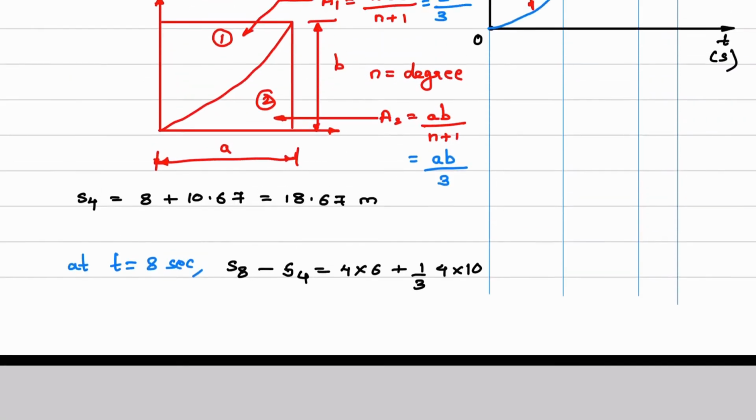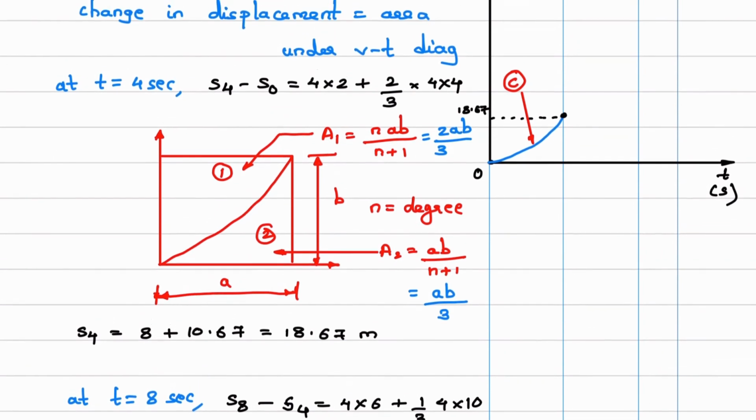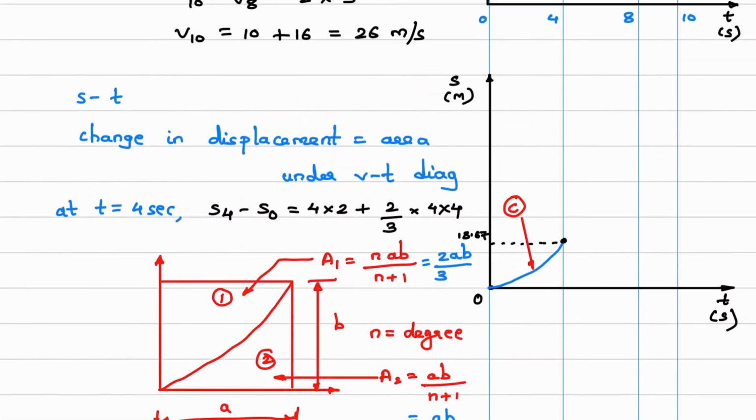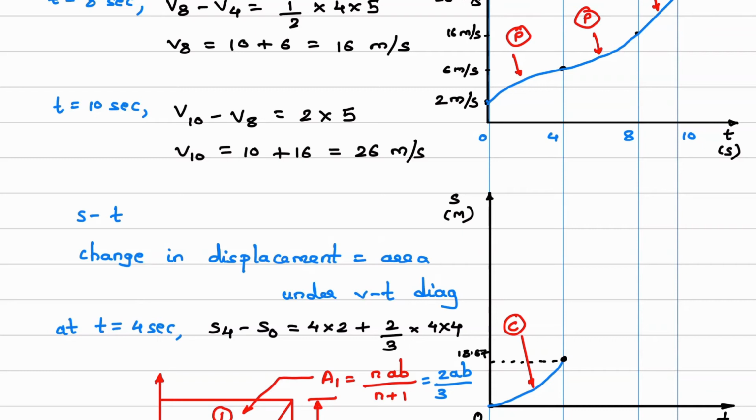Now tell me, answer me, how will the curve be here? This is parabolic, right? So what will be the nature of the curve over here? VT is parabolic, so here this will be cubic. Now answer me, how will the curve be?